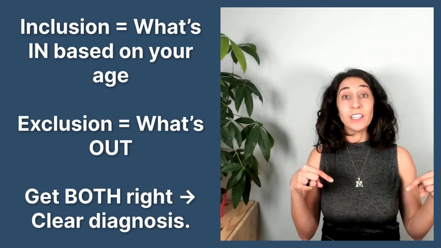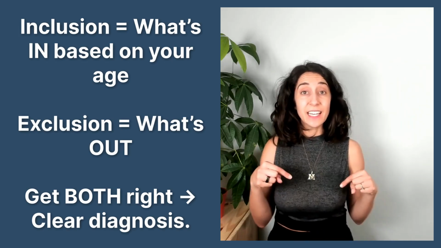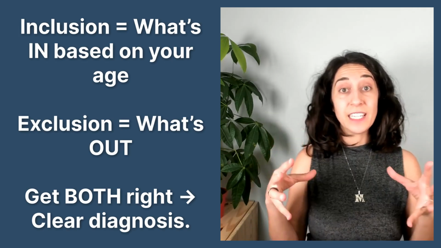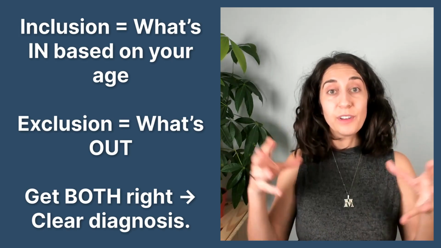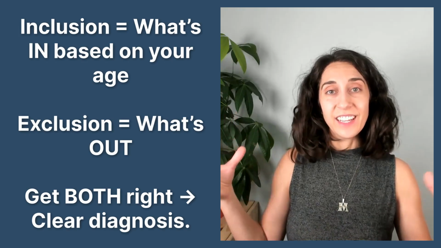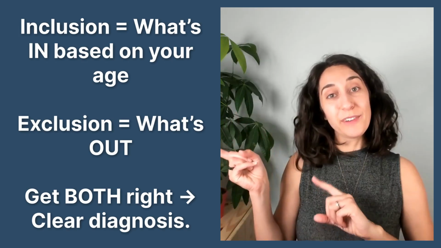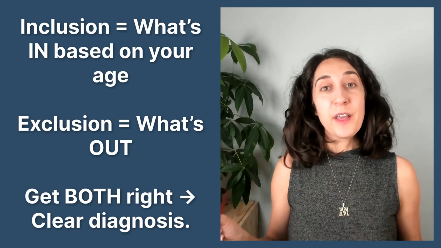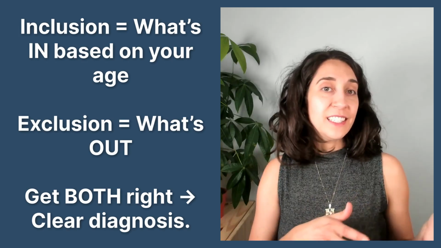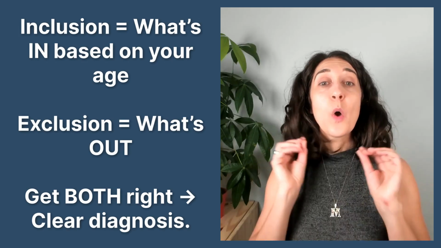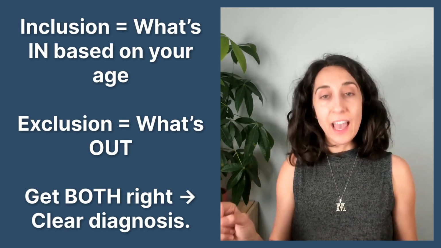So to summarize, inclusion is what needs to be in for you to meet the inclusion part of the diagnostic criteria. That's covered in 2 separate videos, depending on the age of diagnosis. Exclusion criteria is what must be ruled out.